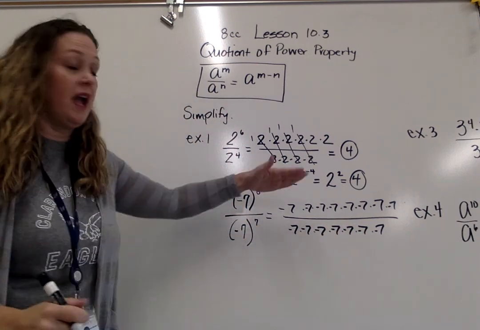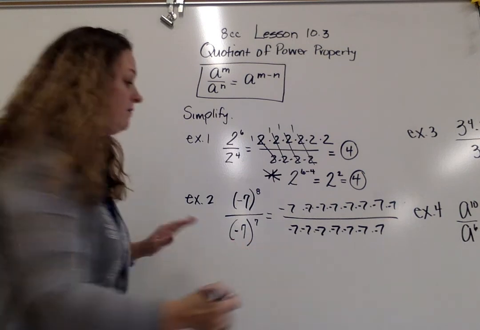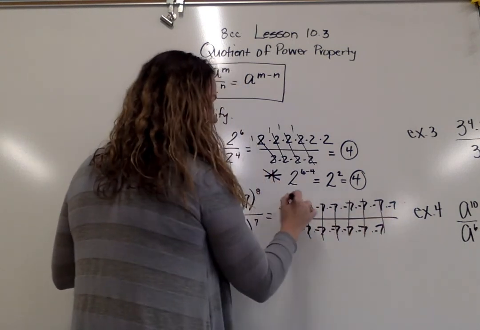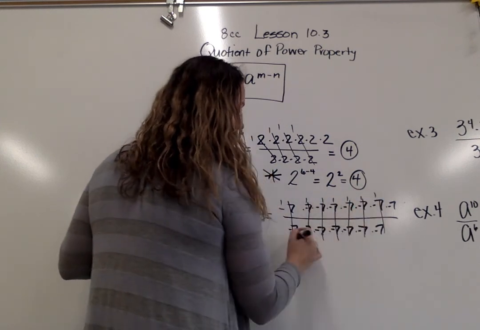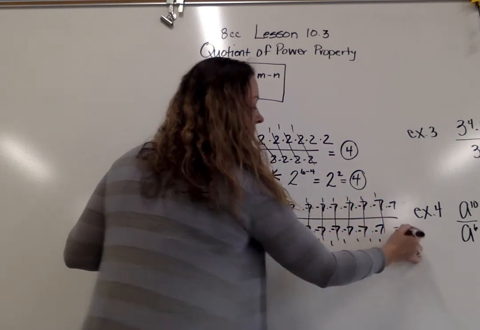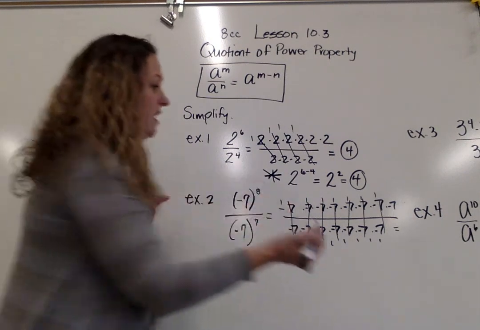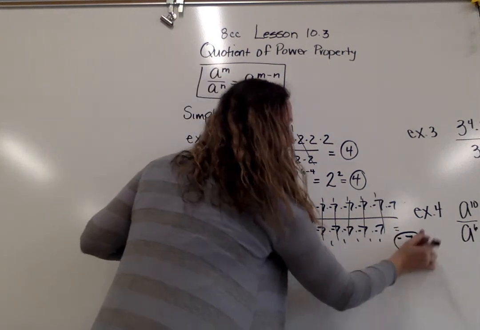Same rules apply. I have 8 on the top, 7 on the bottom, and I can use division to say that negative 7 divided by negative 7 is 1. So all of these are 1's. There's nothing left on my bottom. I just have one negative 7 left. So 1 times negative 7 ends up equaling negative 7.